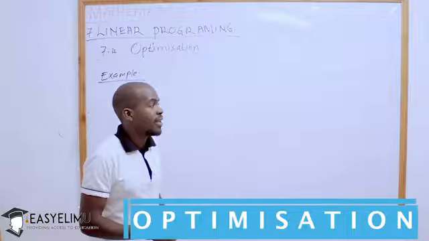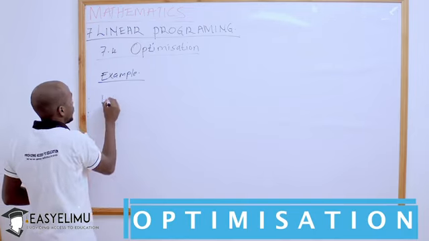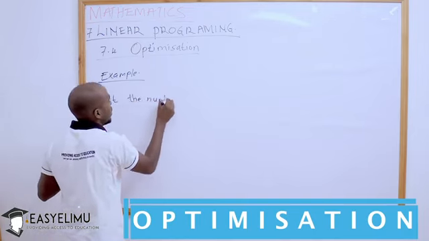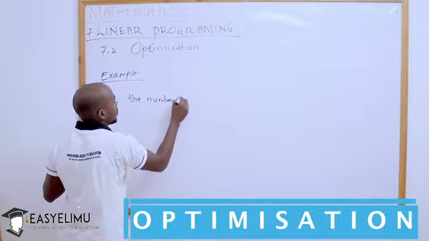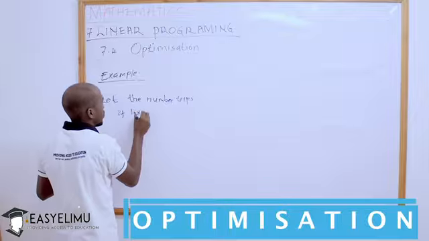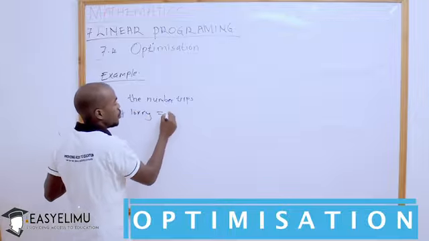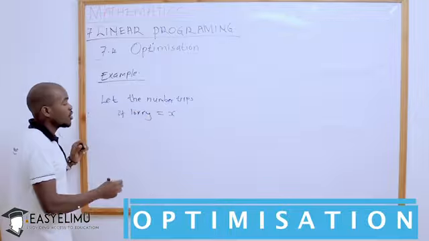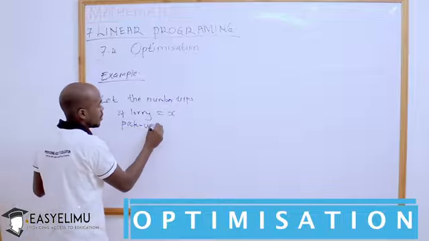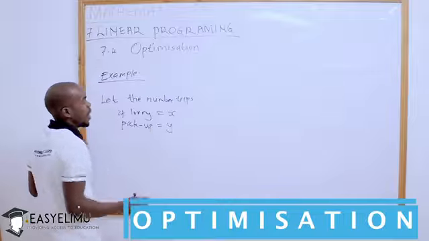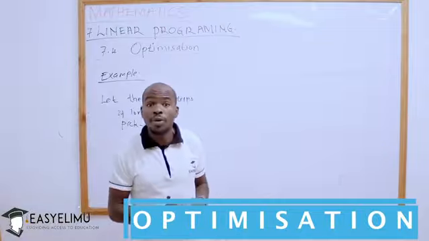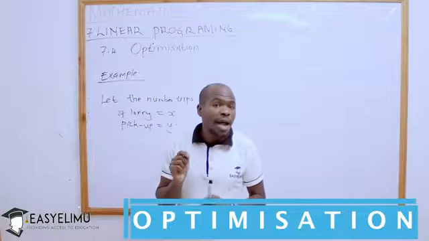So we shall say let the number of trips of the lorry be equal to x, and that of the pickup be equal to y.